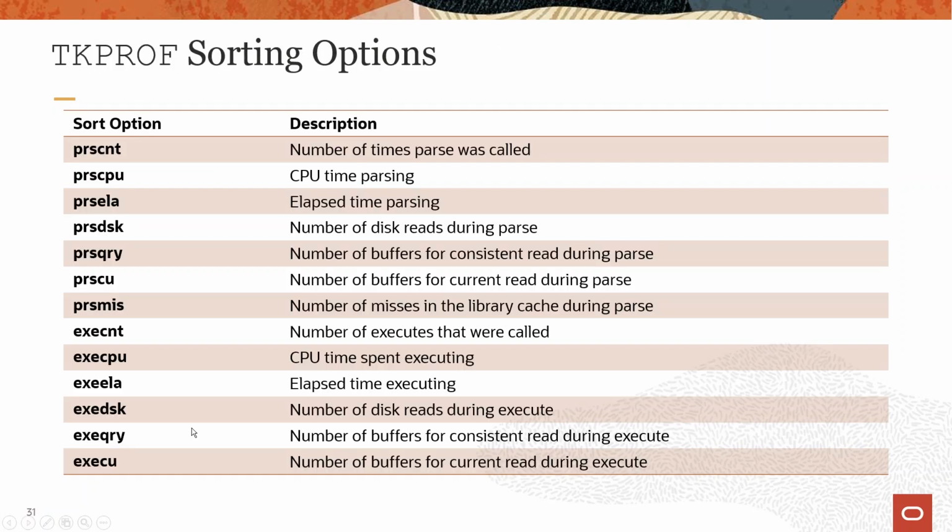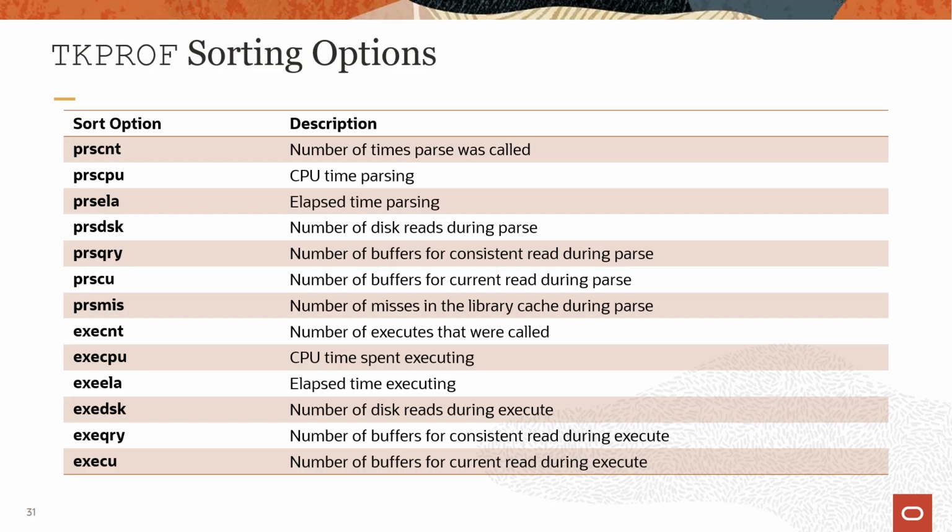Now, I've told you that you can ask tkprof to sort the SQL statements captured in descending order. This slide plus the next slide shows you the options that you can use for the sort parameter when invoking tkprof on how you would like to have the SQL statements sorted in descending order.